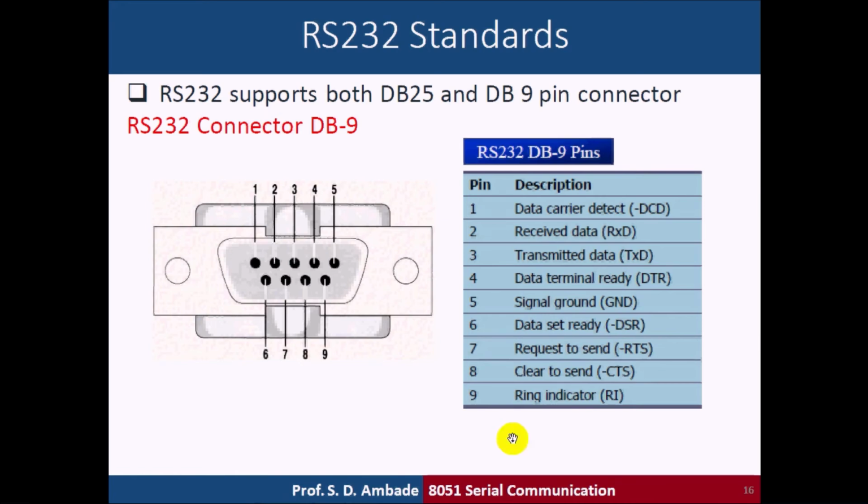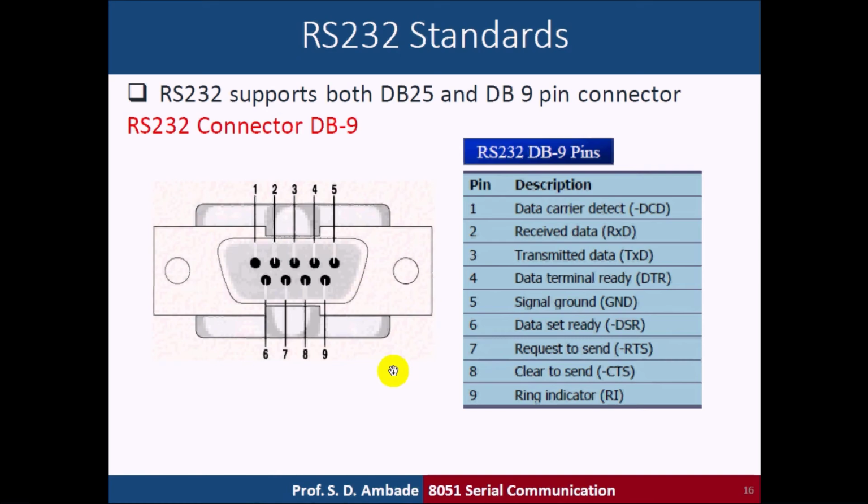Look at the figure. This is the RS-232 DB9 connector used for serial communication. You all are aware of this connector. Whenever you use a computer for serial communication, this connector should be connected to the computer and to the peripheral or device with which the computer wants to communicate.